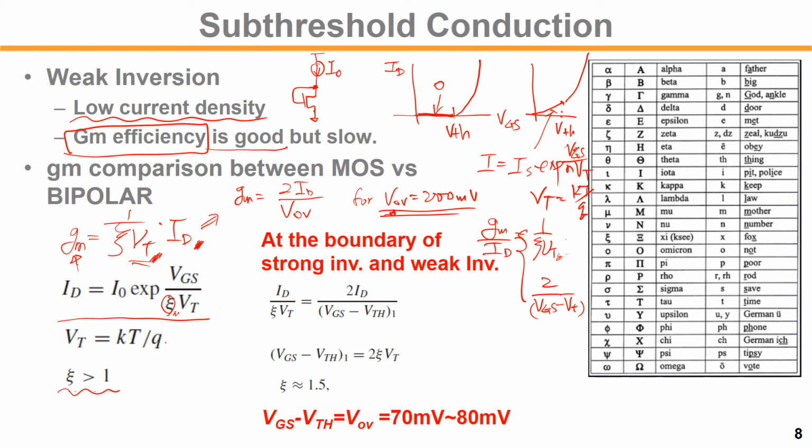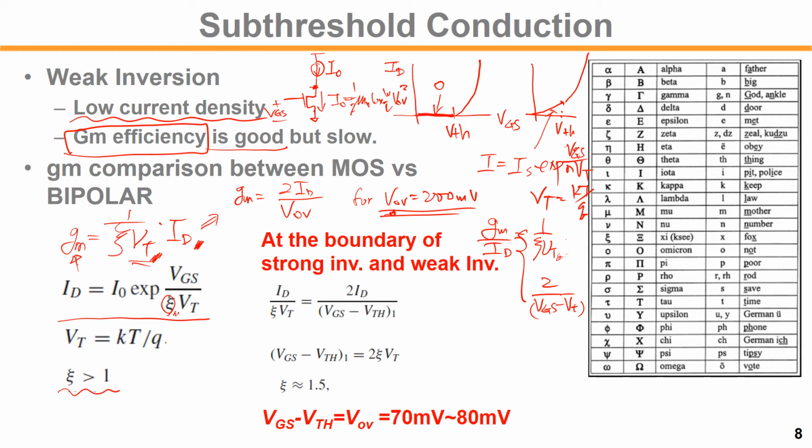In order to have the same current through the device, half mu n Cox W over L times the overdrive voltage squared.